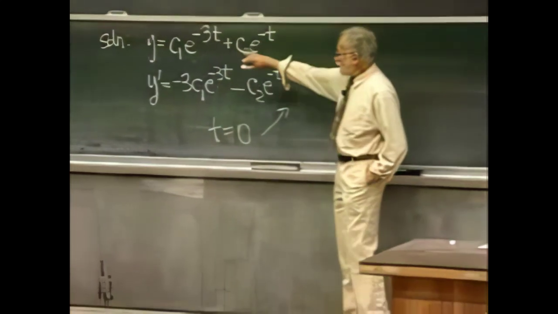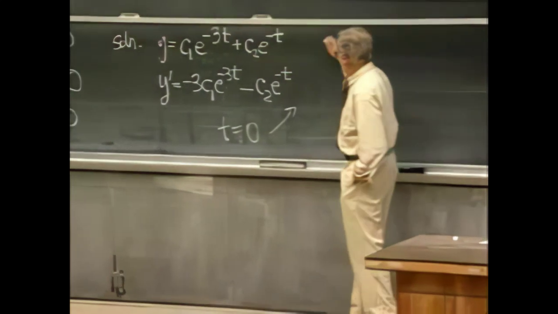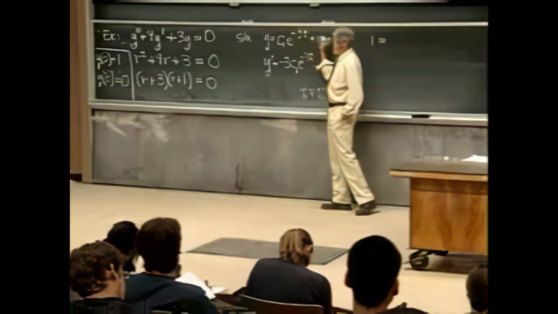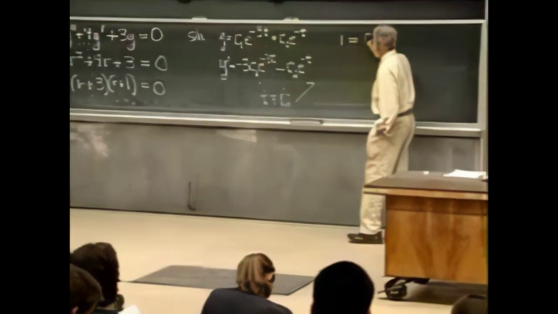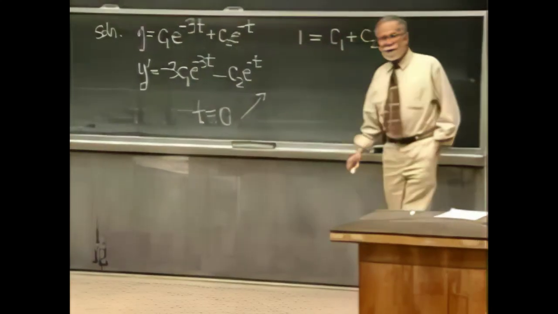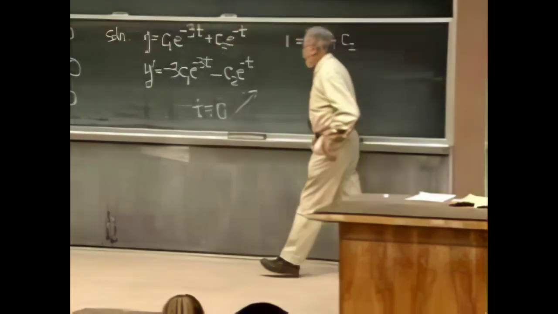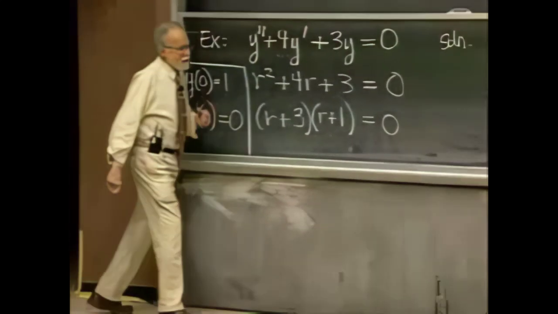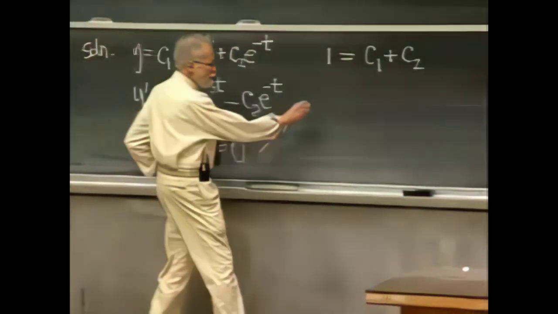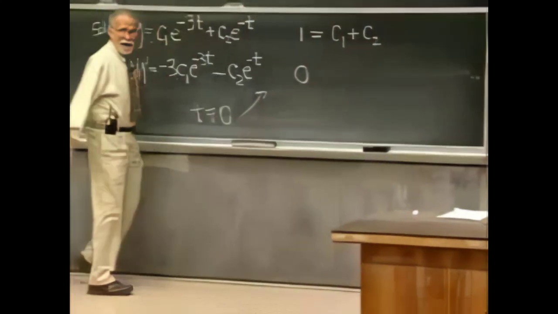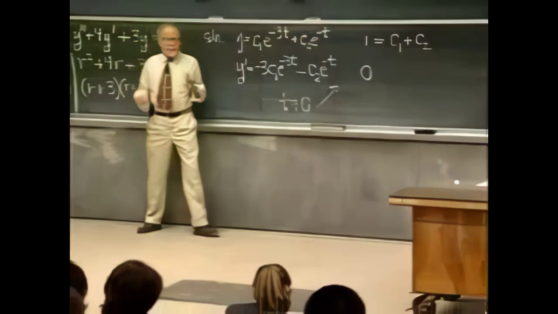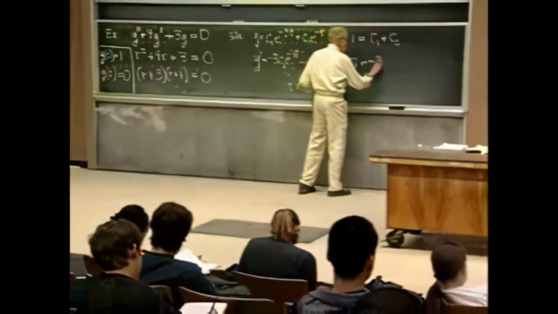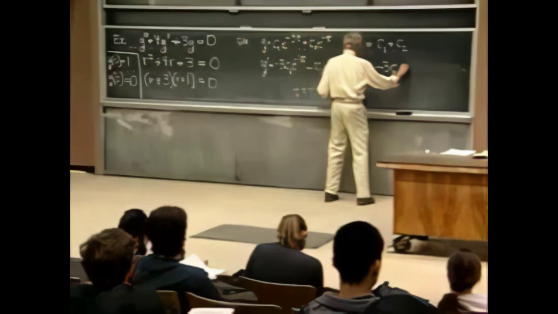Well, the first equation, the left says that y of 0 should be 1, and the right says this is 1, that's 1, so it's c1 plus c2. That's the result of substituting t equals 0. What should I substitute in the second equation? Well, y prime of 0 is 0. So for the second equation, when I put in t equals 0, the left side is 0 according to that initial value, and the right side is negative 3c1 minus c2.